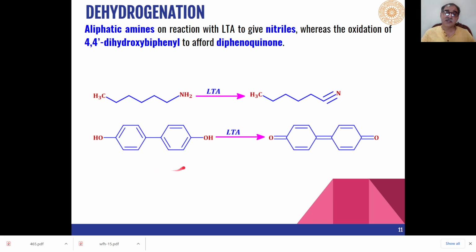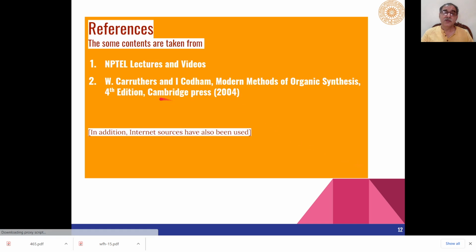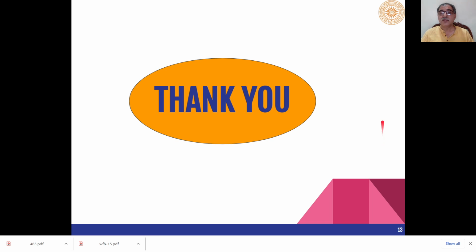Similarly, these types of biphenylic phenols also undergo oxidation to give us diphenoquinones as derivatives. So hydrogen from here and here will be lost to give us different types of diphenoquinone products. So these are the references which have been used for this lecture. Thank you very much.